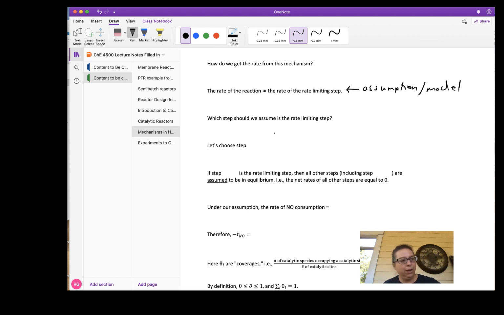So, when I give this lecture, I let the class choose which step we should choose as rate limiting, and then we work through the example. But given that this is an asynchronous lecture, I can't just poll the class and see which step you would like to assume.